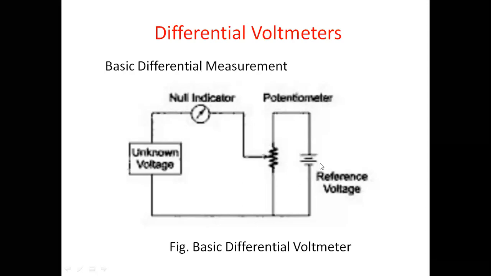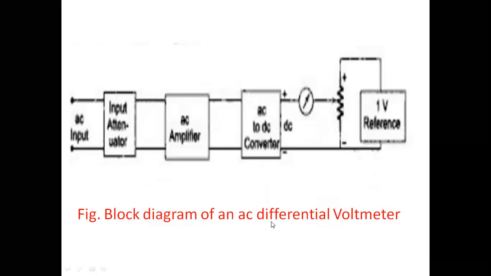Next is the block diagram of an AC differential voltmeter. In the case of AC, we have to convert the AC into DC voltage. This is the basic differential arrangement. This is the AC input, and before the measurement we have to connect the AC to DC conversion elements.